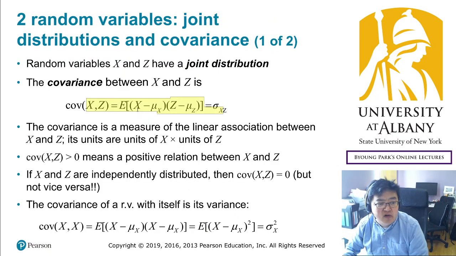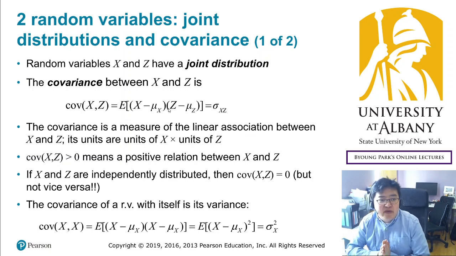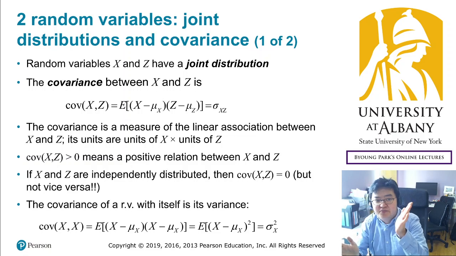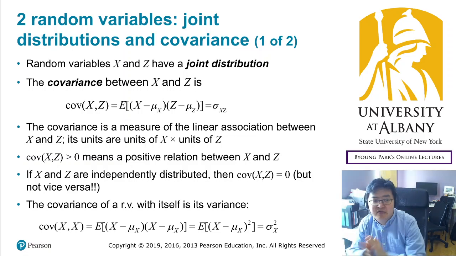So when you multiply them, you may just focus on their sign. If the multiplication inside the expectation is positive, that means there is a tendency that when x increases, z increases too. So they are moving together.